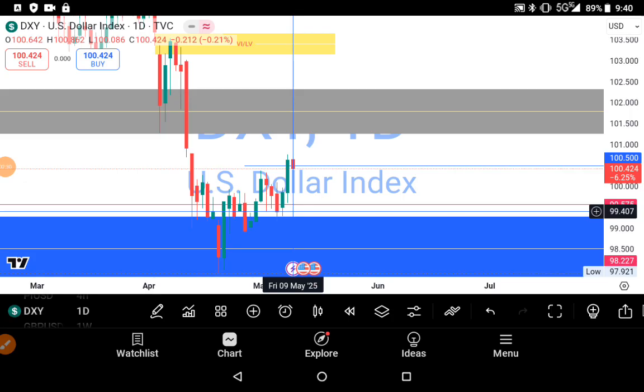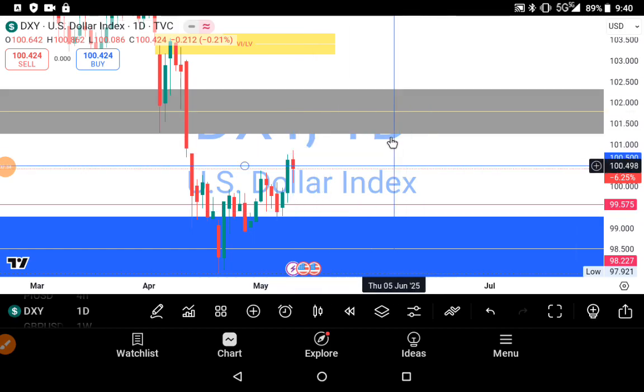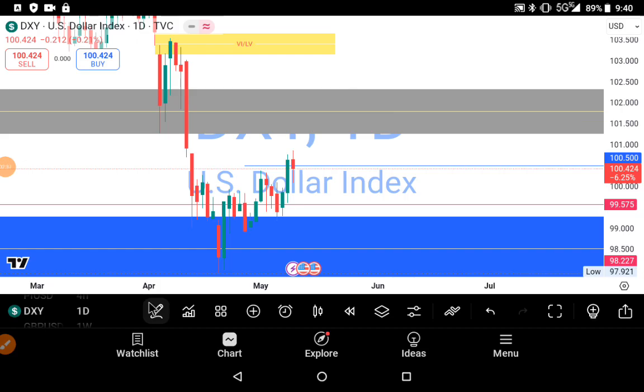Then I'll be watching the market gravitating into this level here, because there is a kind of volume imbalance and a liquidity void here.